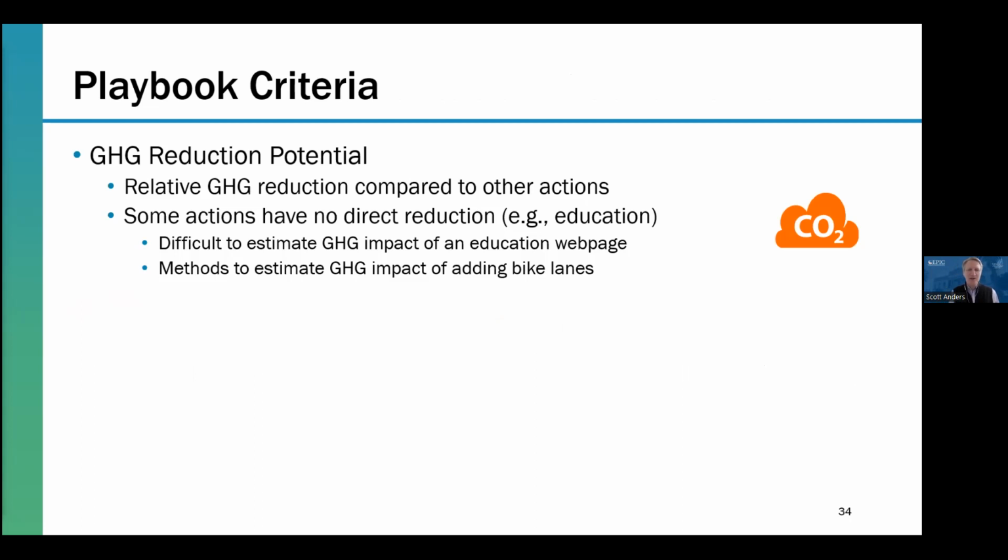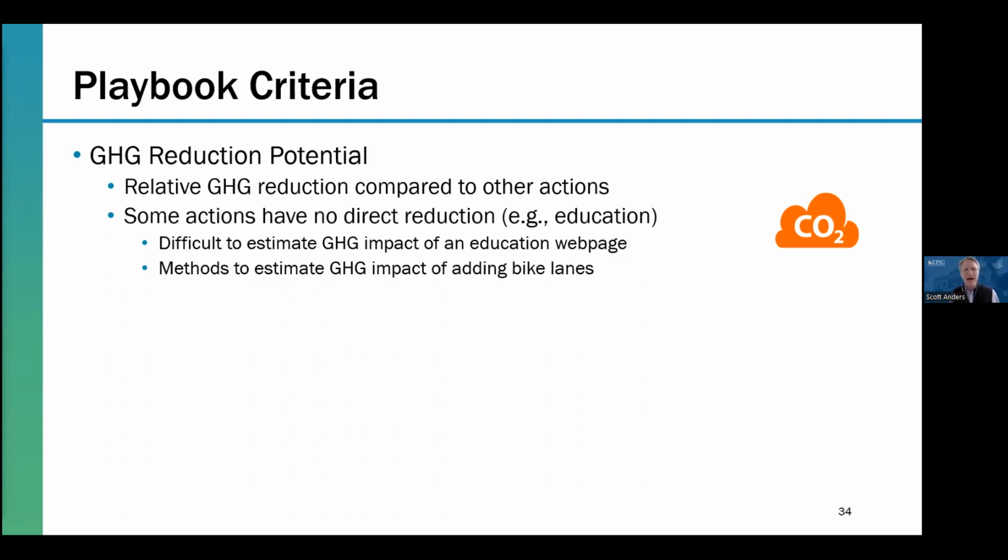The first is greenhouse gas reduction potential. So this is giving a high level scoring or ranking, if you will, about the relative greenhouse gas reduction compared to other actions. And when we talk about comparison throughout the next couple of bullets here, we mean within the scale. So Murtaza talked about the organizational scale, the community scale, and the regional scale.